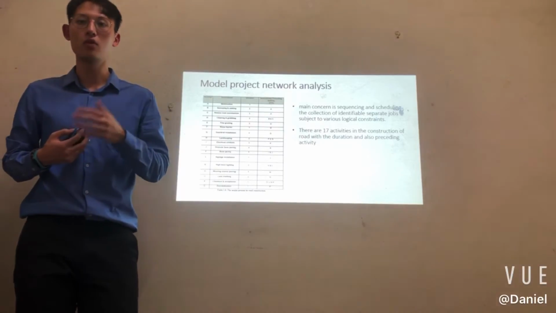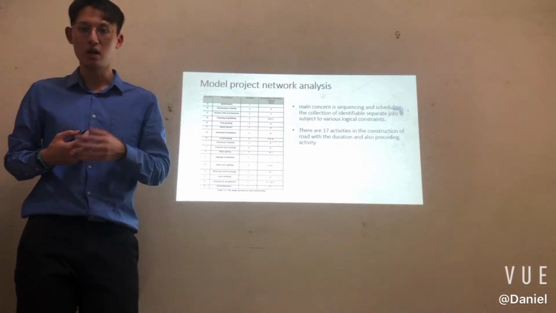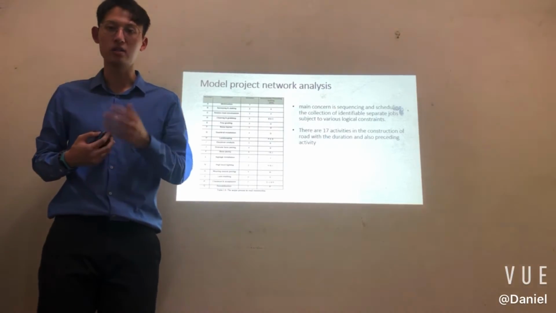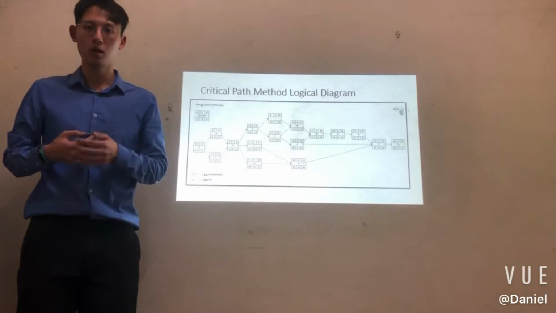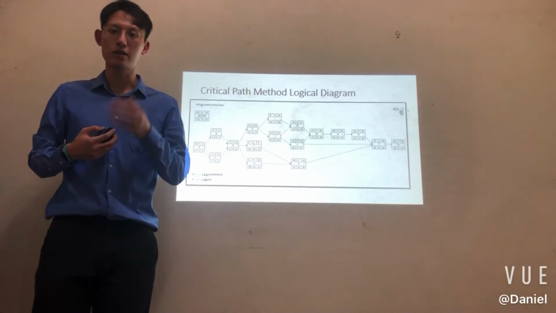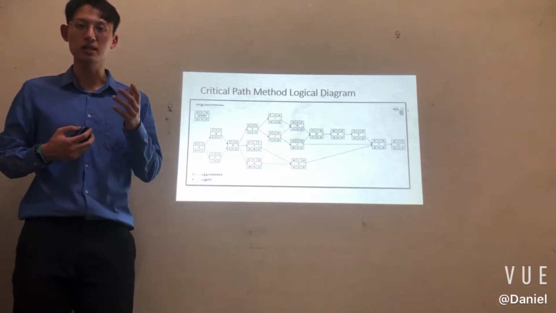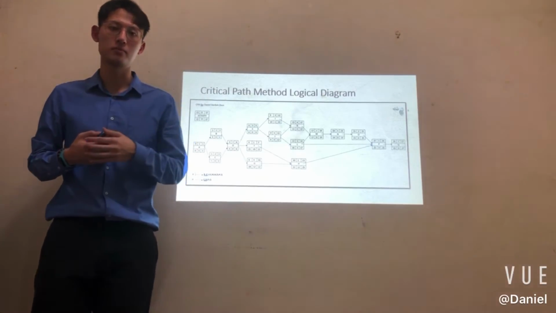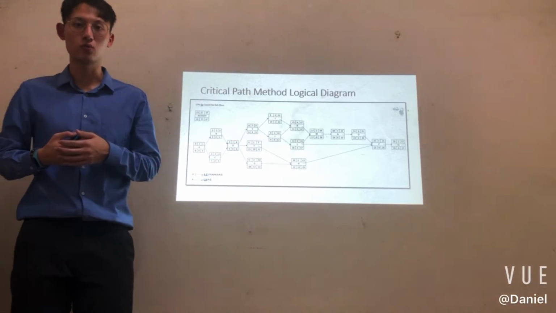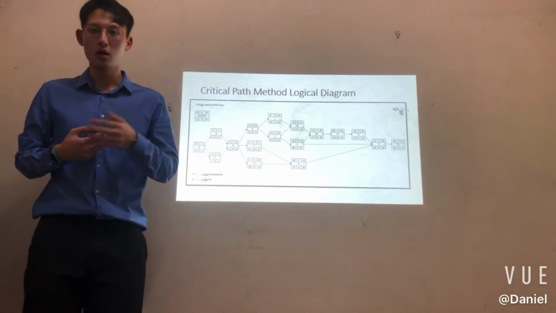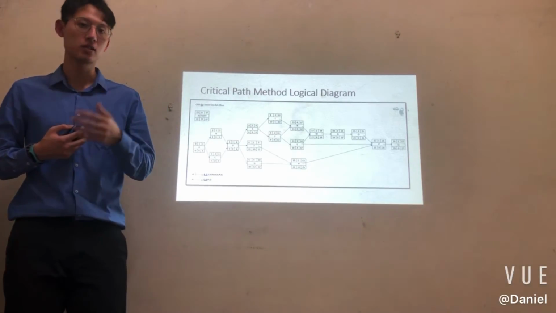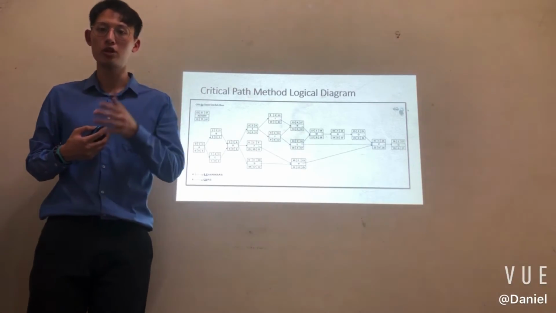Once I drafted the overview of construction activity, I would then apply project network analysis to reschedule and plan a proper sequence. While drafting the logical diagram, I can also determine the expected completion date from CPM. The forward pass has been used, from the first project activity up to the last project activity. While going through the ends of activities, I added the activity durations.